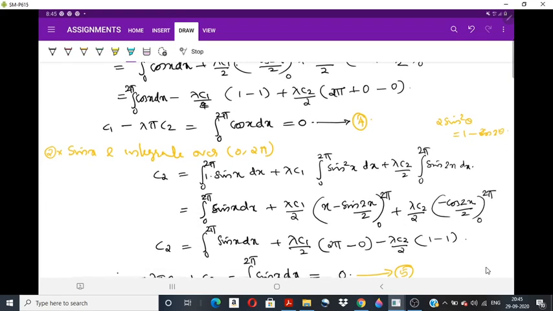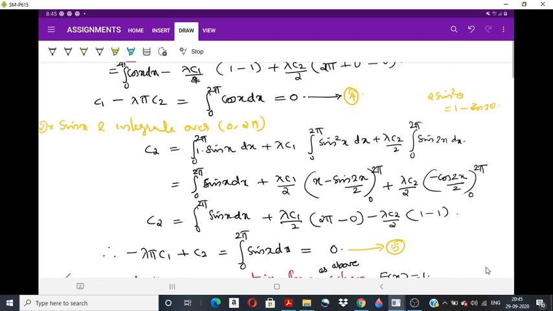Now for the second equation, we have to multiply equation number 2 by sin x and then integrate over 0 to 2 pi. Here also the two terms are similar to the case discussed in part A. The extra term is integral 0 to 2 pi f of x into sin x dx, that is 1 into sin x.